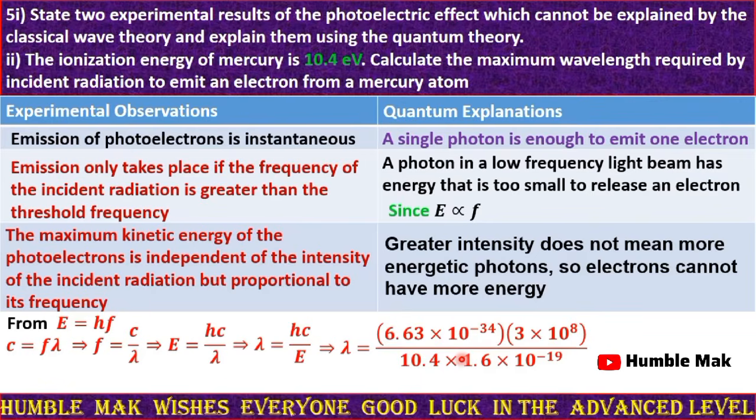So we multiply it by 10.4, and simplifying, we have an answer of lambda equals 1.195 times 10 raised to the power negative 7 meters, which, if you respect significant figures, you just have 1.2 times 10 raised to the power negative 7 meters. Or, more formally, maybe we can decide to say that this is going to be 12.0 micrometers. So, friends, that is the answer.